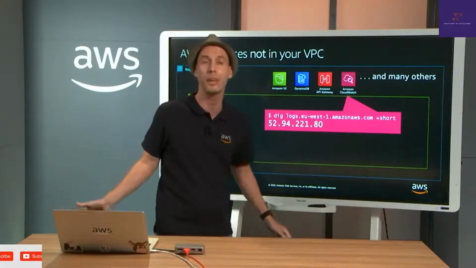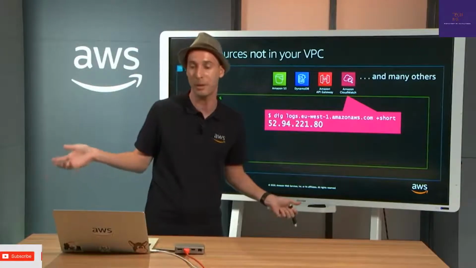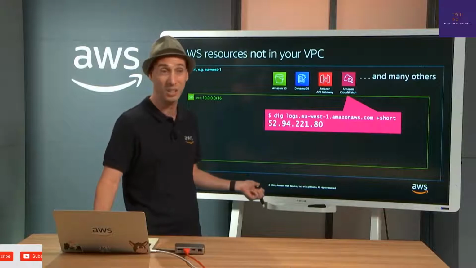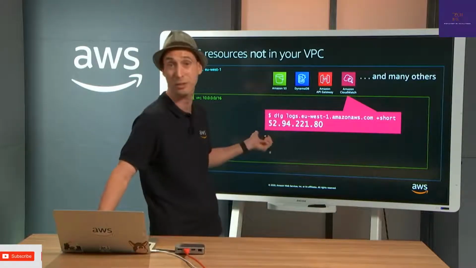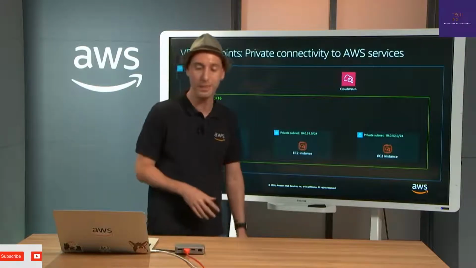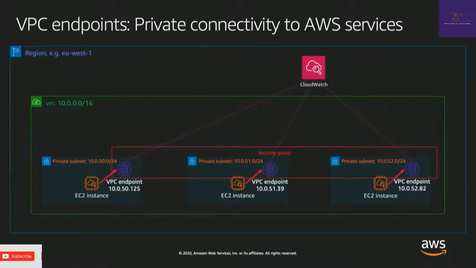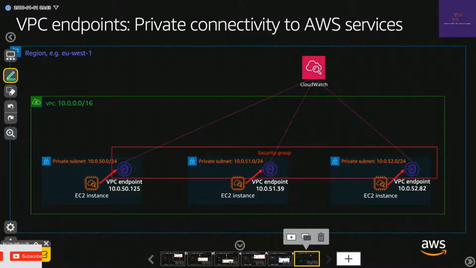What if I want to communicate securely with S3 from my backend instances in my previous example, but I don't want to give them a NAT gateway because there's no other reason for them to talk to the internet except maybe because I need them to talk to S3, for example. It turns out we have another construct called a VPC endpoint.